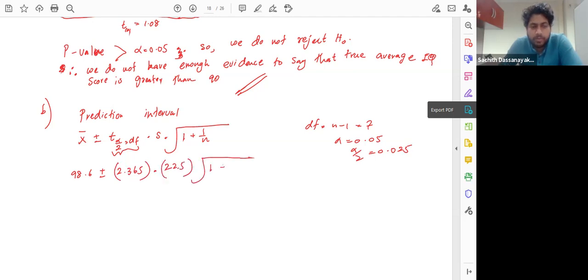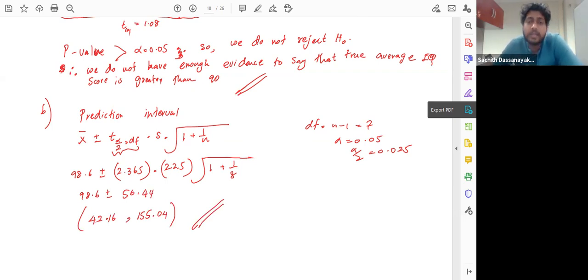Inside the square root, 1 plus 1 over 8. Once you simplify this, you will get 98.6 plus or minus 56.44. So your interval is 42.16 and 155.04. This is your prediction interval. Whatever comes next, the ninth observation, it definitely lives inside this range. That's the purpose of the prediction interval.